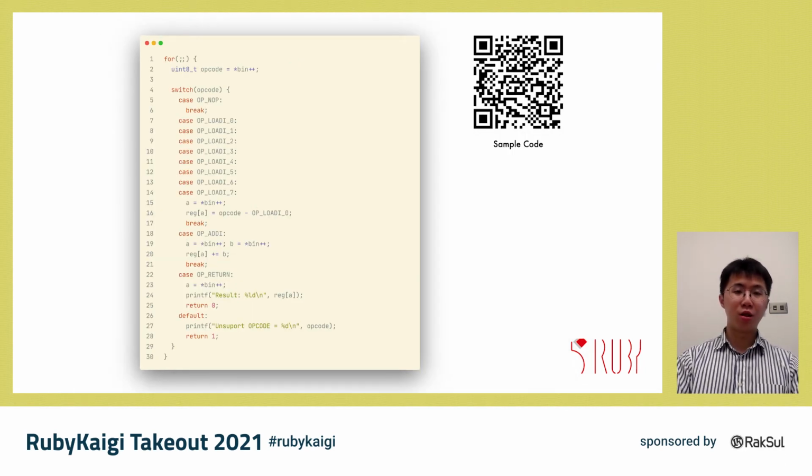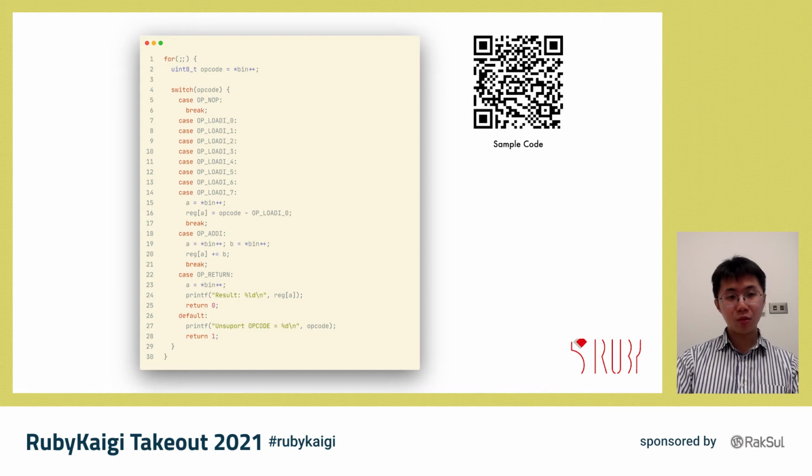This is the sample code, but it is a little long, so you can scan the QR code to find my gist. In this sample code, we implement the load integer feature to support from 0 to 9, and we also implement the add.